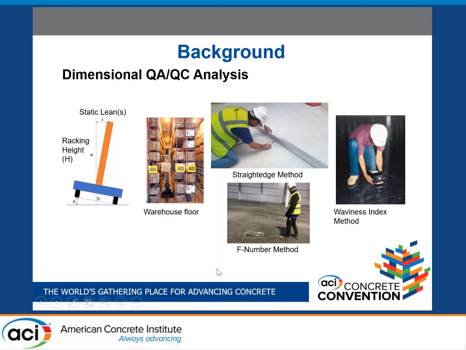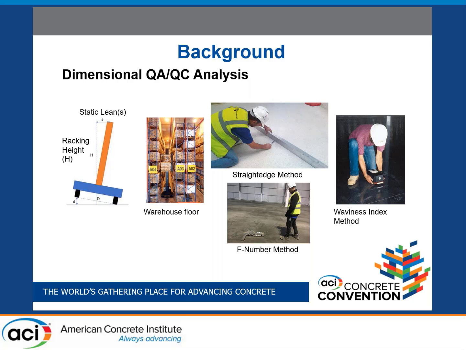The current methodologies used in industry are the straight edge, F-number, and Waviness Index methods. They can be very time consuming and tedious, especially when measuring large surfaces such as large warehouses. And these methods entail surveying one-dimensional lines for differences in elevations and characterizing the undulations of specific periods on the surface.